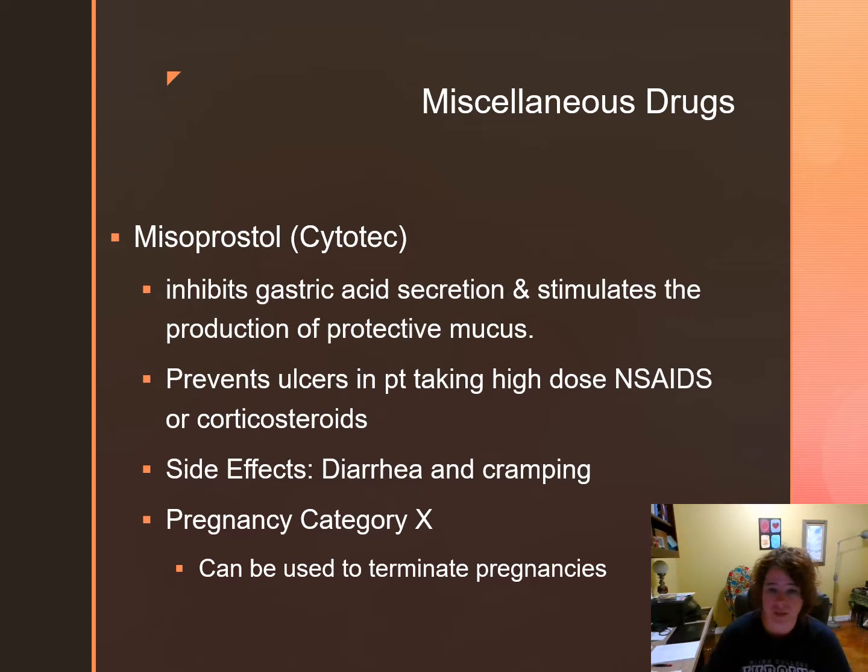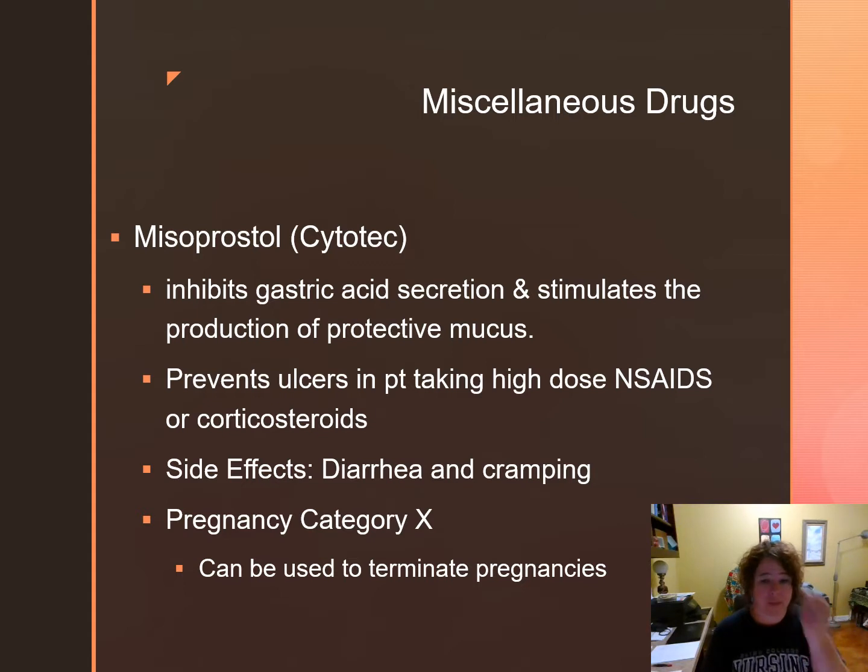So typically, just to let you know, when we talk about medications, sometimes they fall into two different therapeutic classifications. You'll see this medication used here today for the ulcers, but if we were in an OBGYN clinic, we would see this medication used for other things. Say that we have someone who had a missed abortion or a blighted ovum.